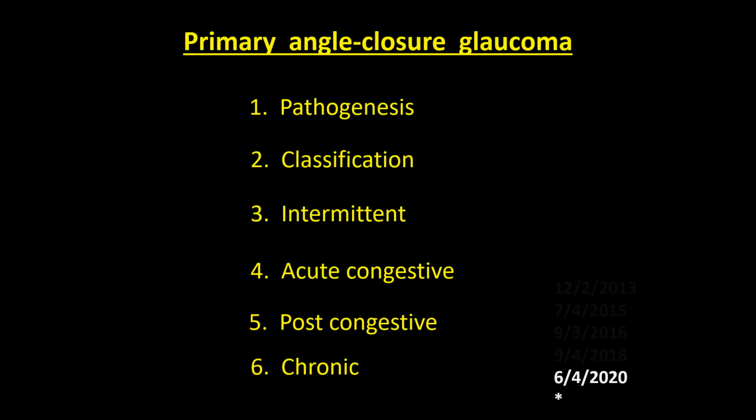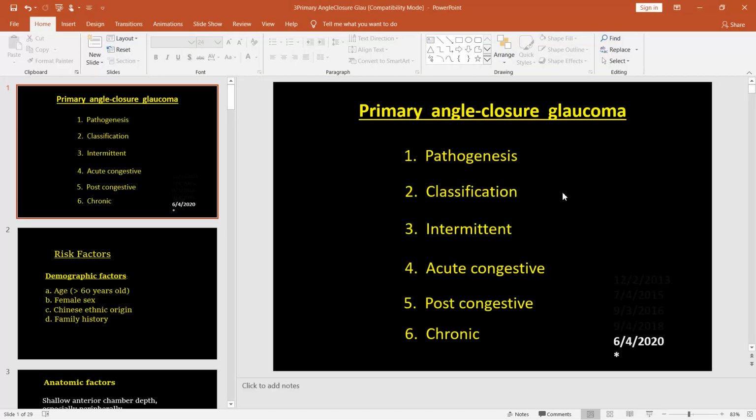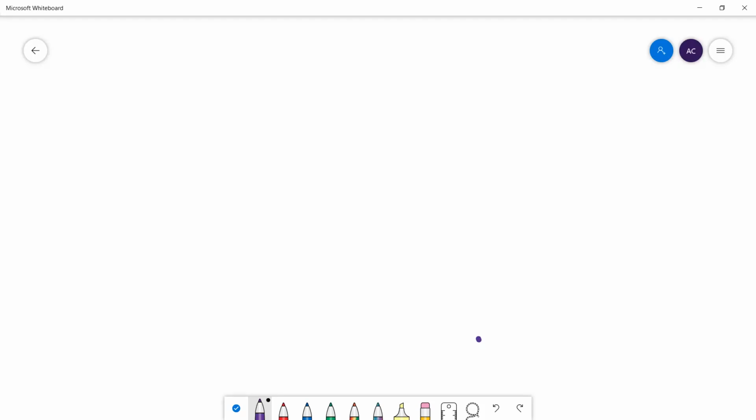Now what is the difference between open angle glaucoma and closed angle glaucoma? I'll try to explain it with the help of a diagram. Well, this is the shape of the eye.